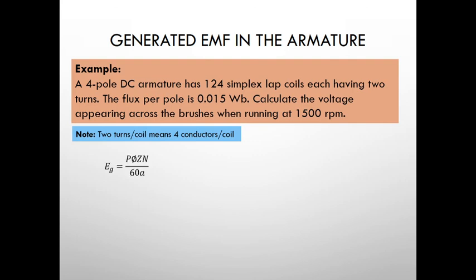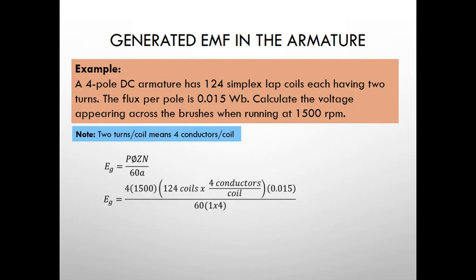So, by using the formula, epsilon equals P flux Z N over 60A, kay Weber man ang atong flux per pole. Substitute: 4 times 1,500, which is your N, and 124 coils times 4 conductors per coil, times 0.015, all over 60 times 1 times 4.